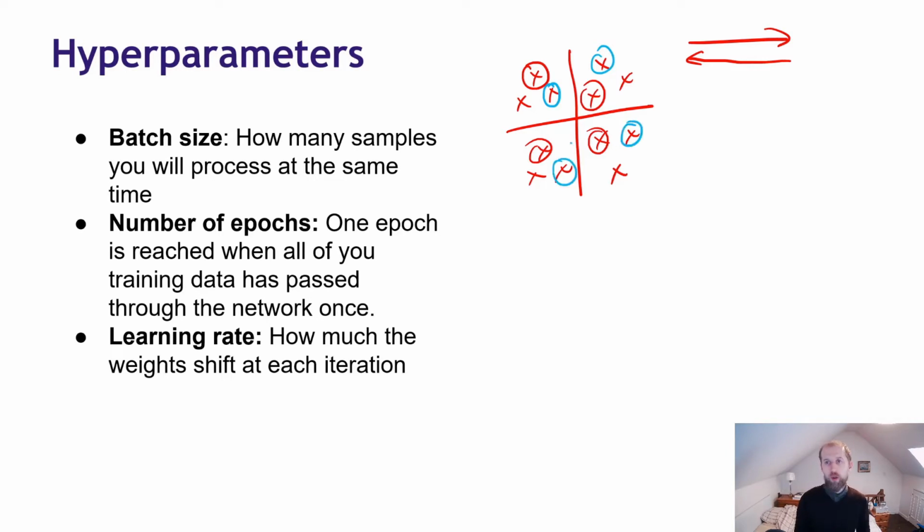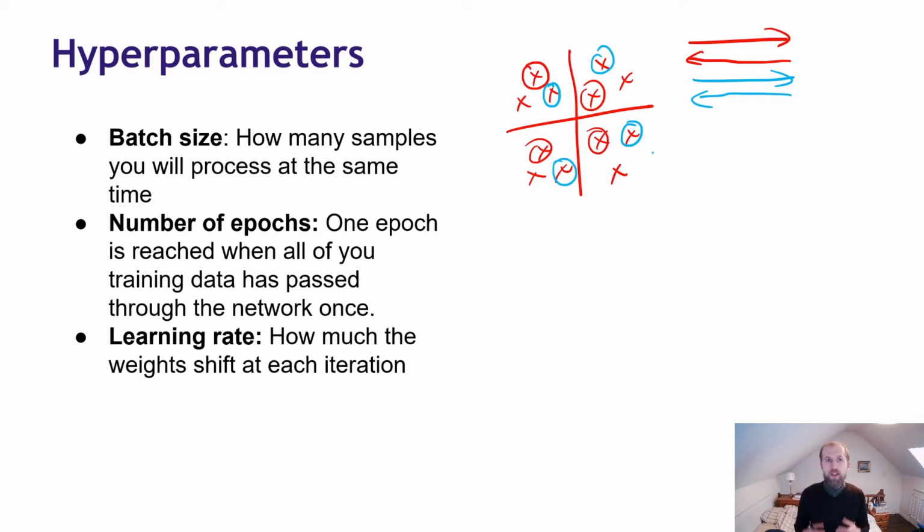So you'll choose 4 more samples, and then you'll do another forward pass followed by a backward pass, etc. Once you've been through all of these samples in your whole data set or your whole training set, that counts as one full epoch.